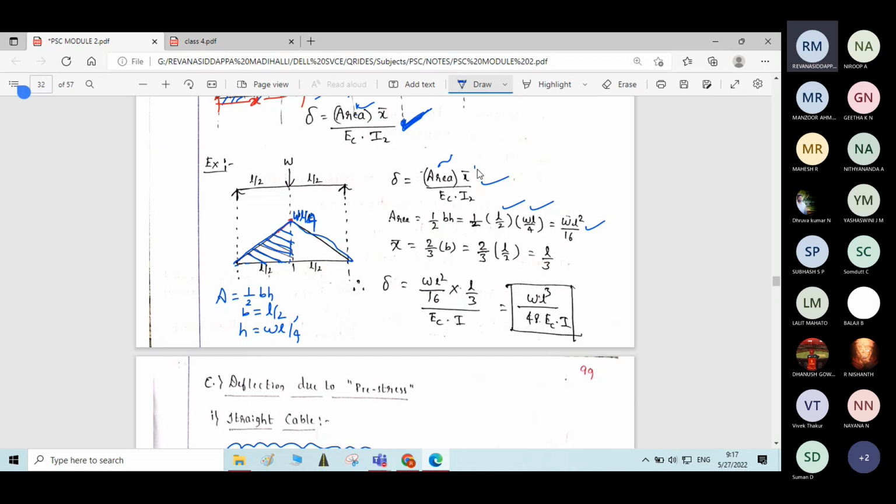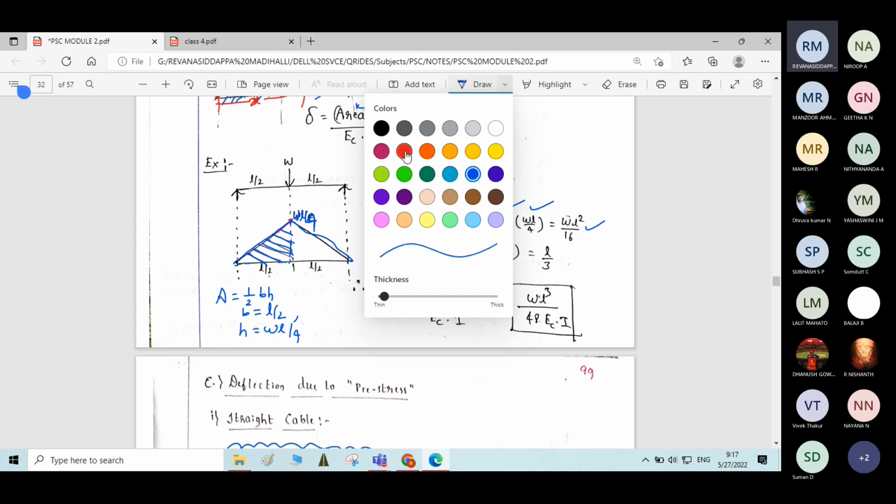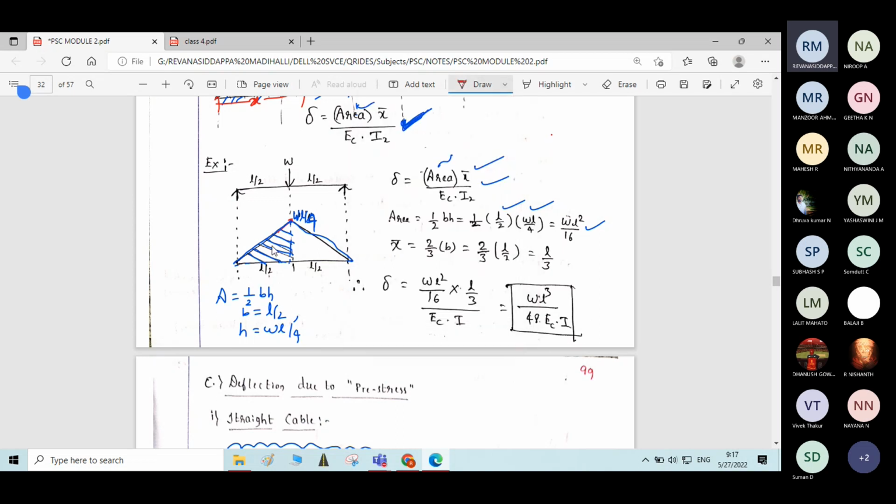Similarly, we want the x bar value. X bar is the distance of the centroid of this triangle from the nearest support. You can see this is a right angled triangle. For a right angled triangle, the distance of the centroid is 2b by 3 from this end, and from the perpendicular point it will be at a distance of b by 3.